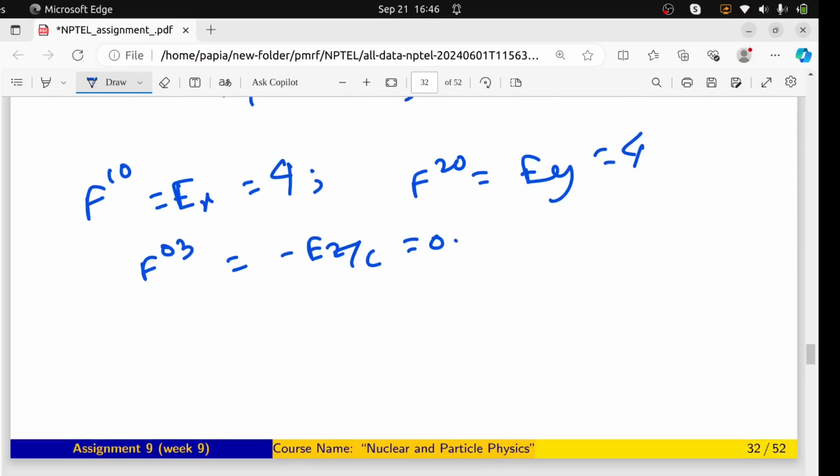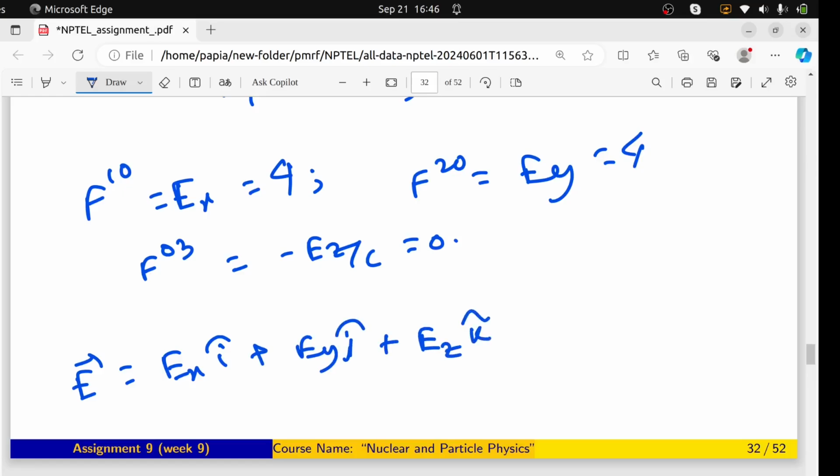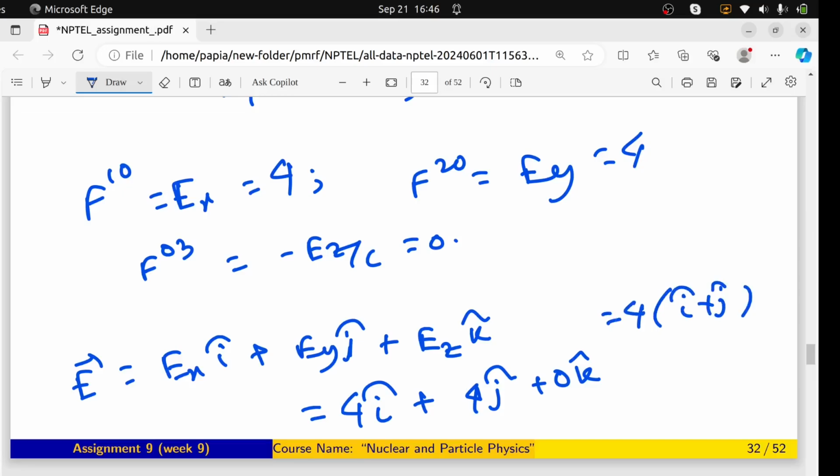So what is our E vector right now? Our E vector is Ex i cap plus Ey j cap plus Ez k cap. So the answer will be 4 i cap plus 4 j cap plus 0 k cap. So it is like 4 into (i cap plus j cap).